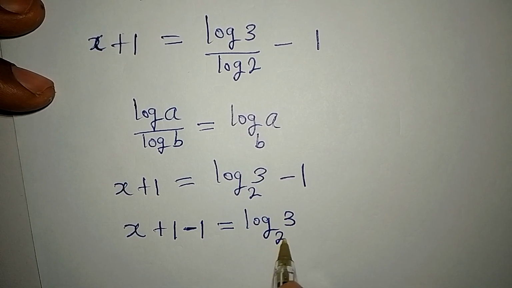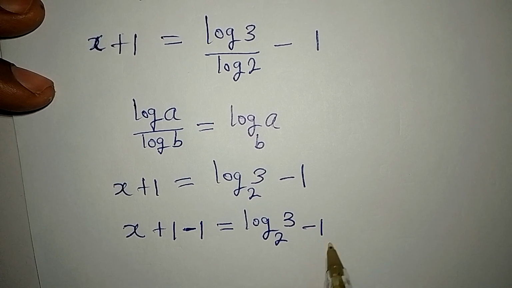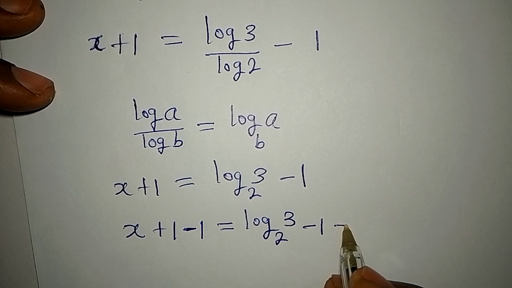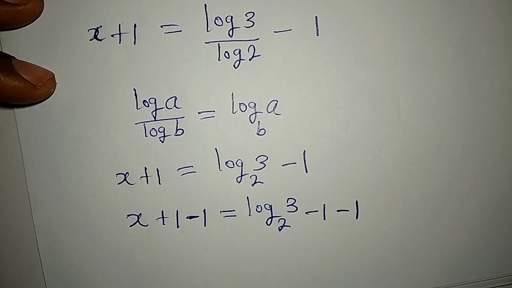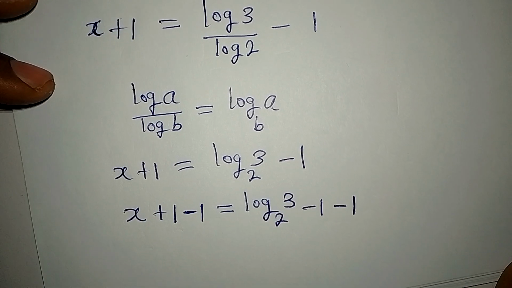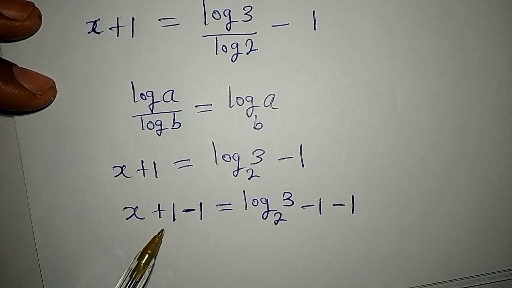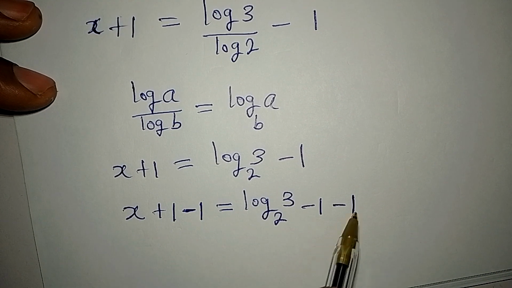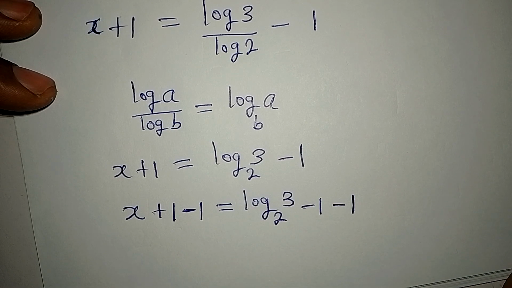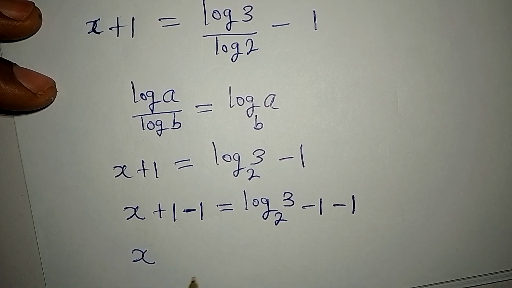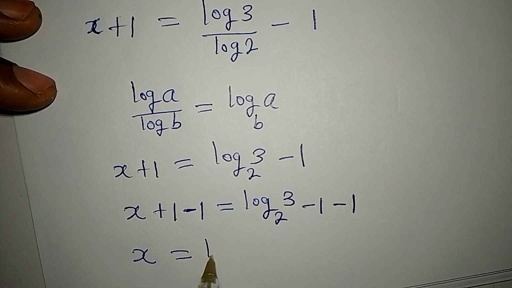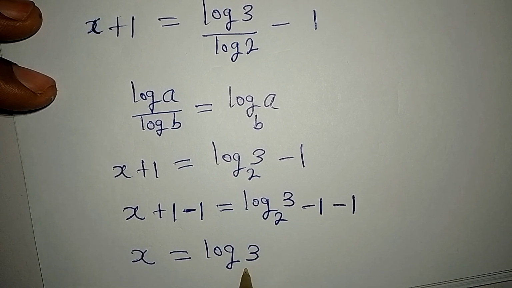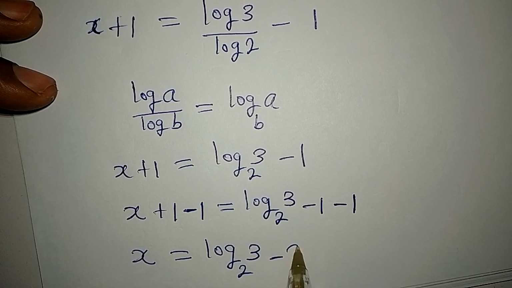We have log 3 to base 2 minus 1. Then this minus 1 will reflect. We call this the additive inverse. The additive inverse of plus 1 is minus 1, so it has to reflect on both sides. Now x is alone, and it's equal to log 3 to base 2 minus 2.